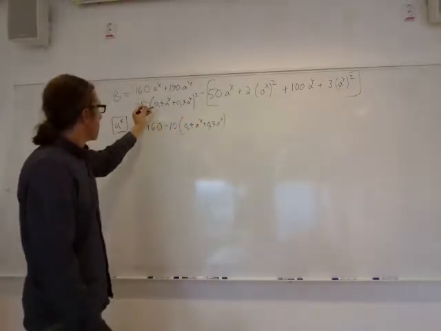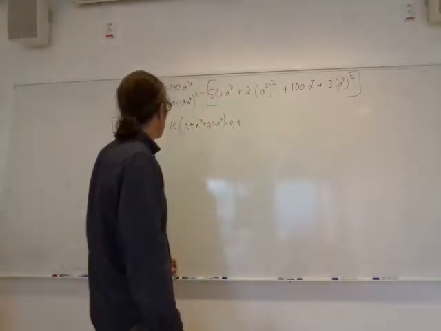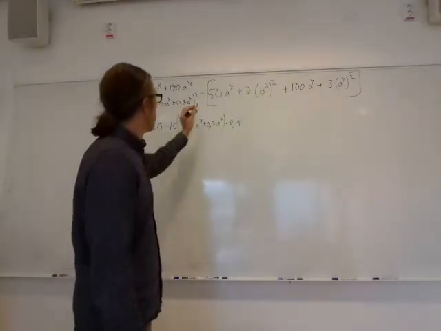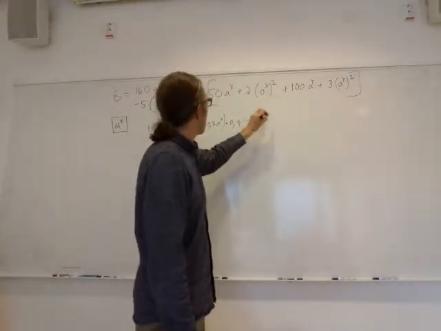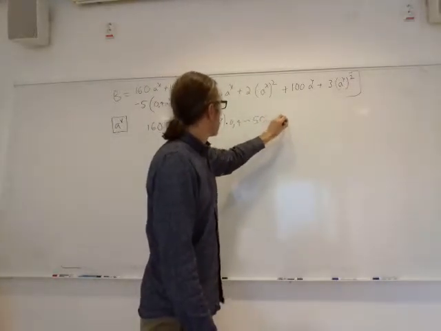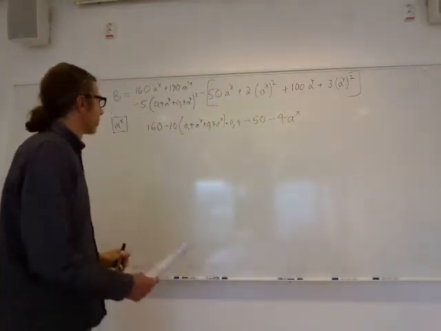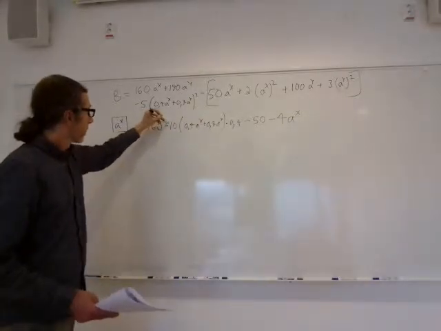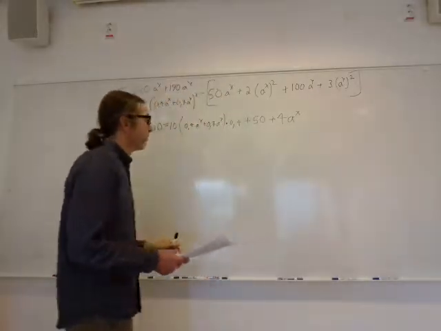Then we go inside and multiply by 0.4. And then we've got minus 50 minus 4 AX equals naught.